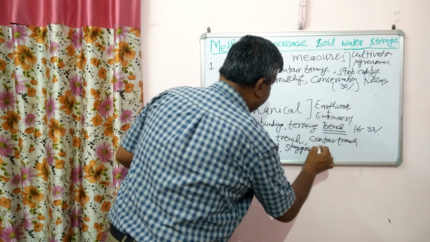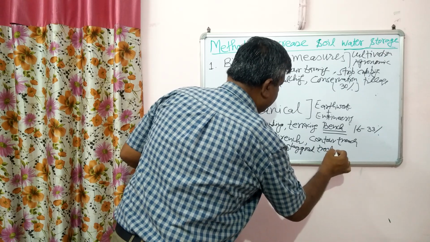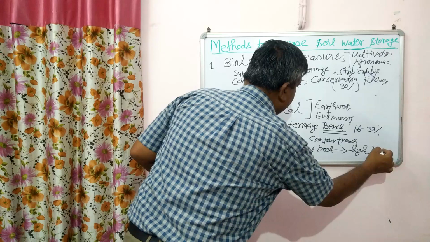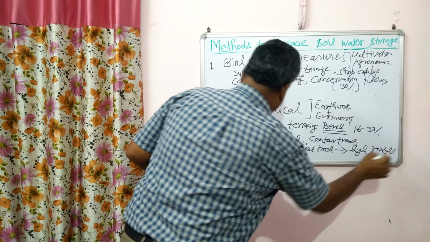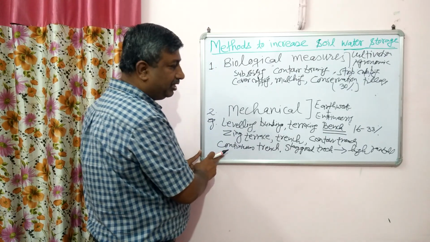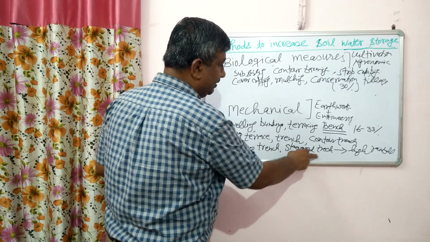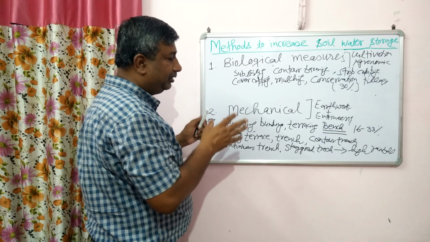And staggered trenches are made in high rainfall area. So this question is also asked. In low rainfall area, continuous trenches are made, while in case of high rainfall area, staggered trenching is done. So these are the different methods.